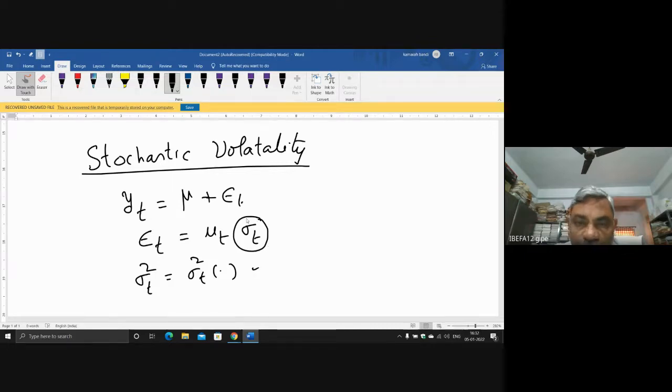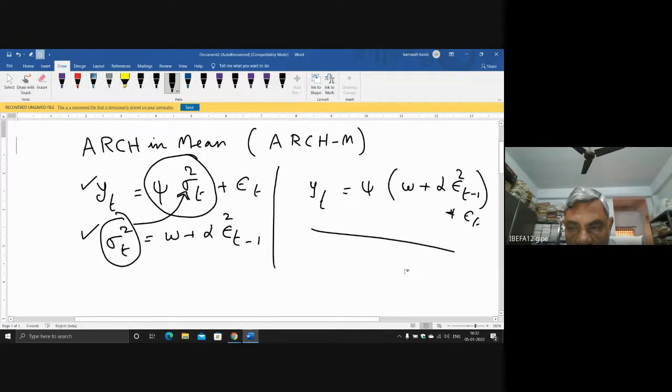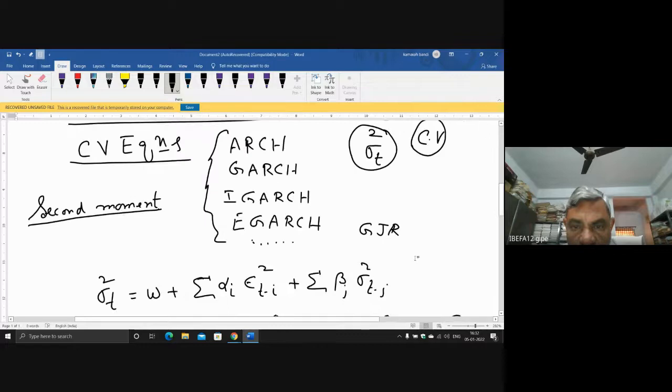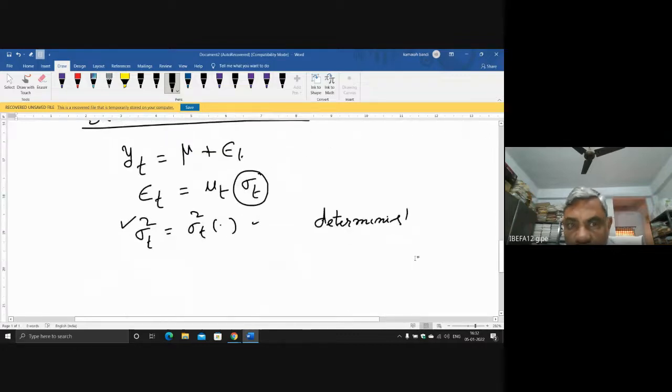two things you have to note in the volatility analysis. The conditional variance equations in the models that we discussed, they are deterministic.